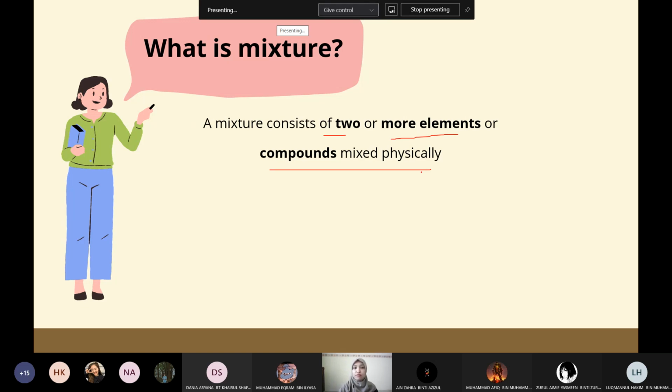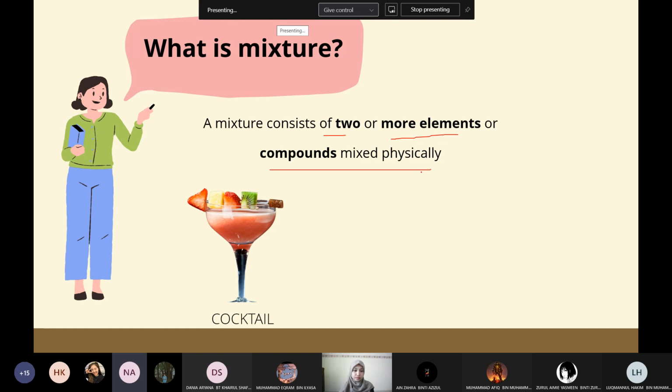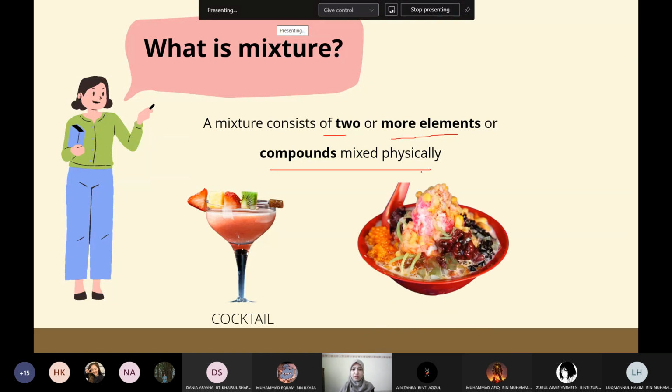So we have a few examples. As you can see from my slide, we have a cocktail. A cocktail is a mixture of water, and what else do we have? Fruit, water, maybe some flavoring, colouring. Next, we have ABC, air batu campur.